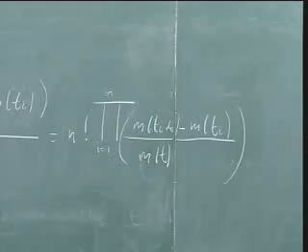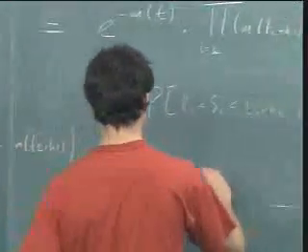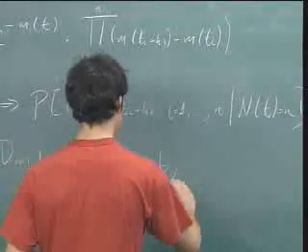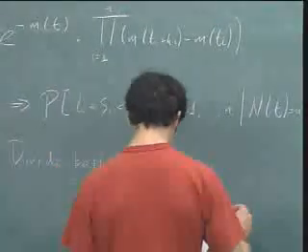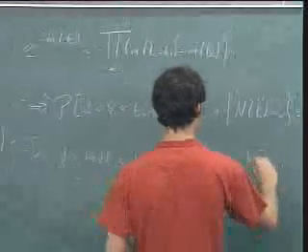So now what we do is we divide both sides by h1 through hn.